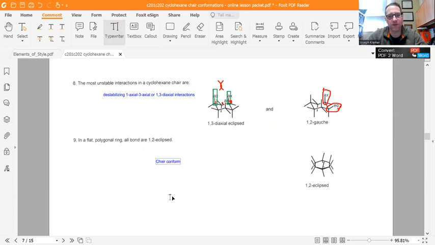Chair conformations remove torsional strain attributable to eclipsed bonds, causing bonding electron intramolecular repulsions.